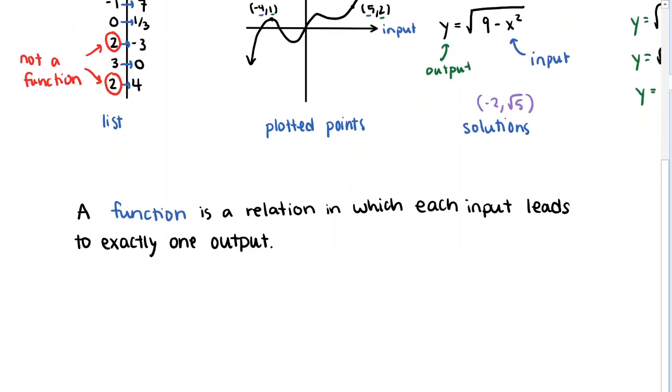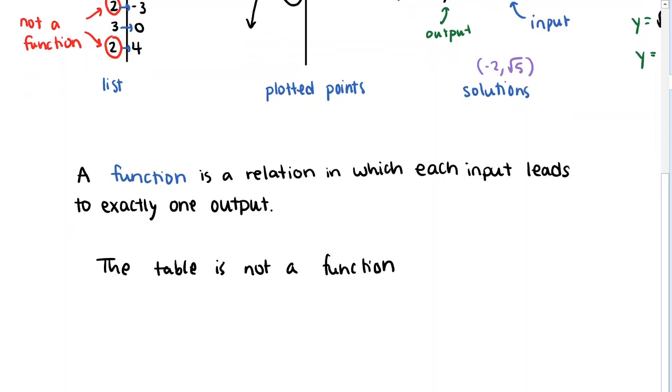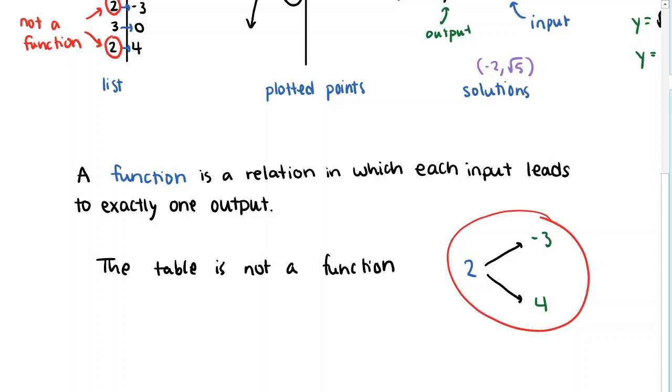We can see that the table above is not a function because the input of 2 leads to 2 different outputs. In one instance, it leads to the output of -3, and in another instance, it leads to the output of 4. And so if we're trying to look for a function, we want to make sure we avoid something like this.